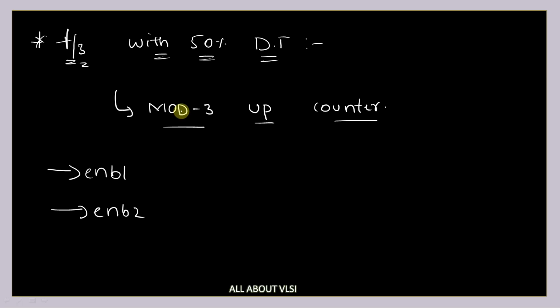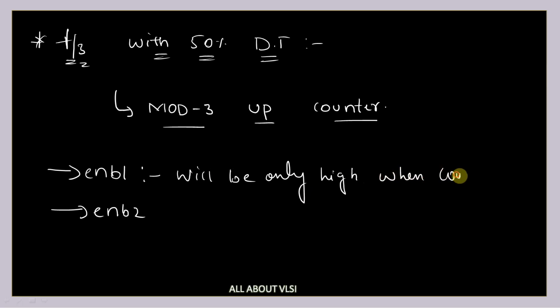Okay. The requirement here is enable 1 signal will be high only when count is equal to 0, and in all the rest of the cases your enable 1 signal will be equal to 0.